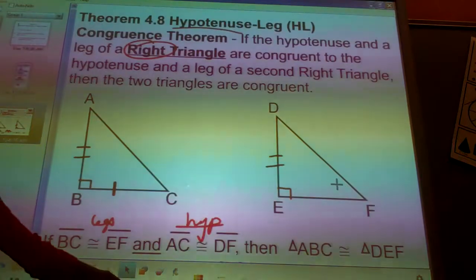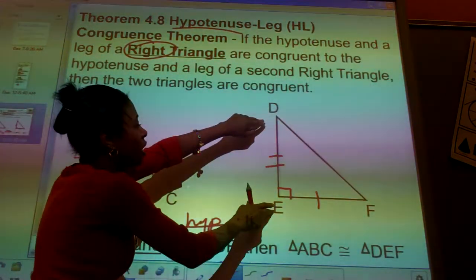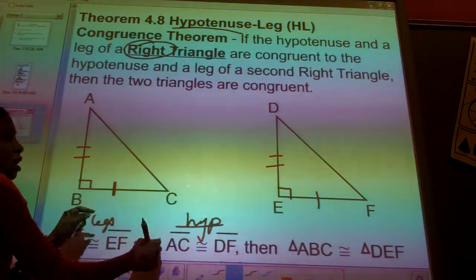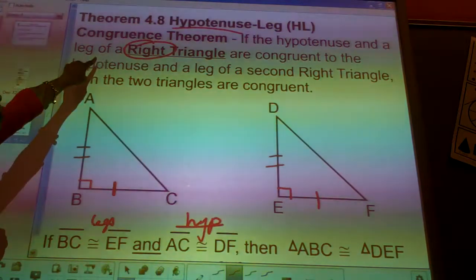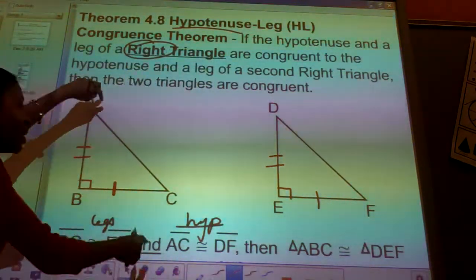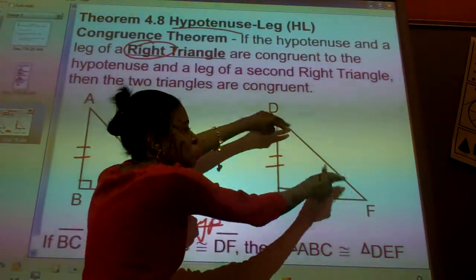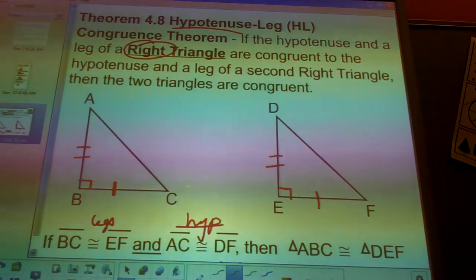What I cannot do is say the following: AB is congruent to DE, and then BC is congruent to EF. For the hypotenuse leg theorem, again, the key word is hypotenuse. I didn't use the hypotenuse on these right triangles. Therefore, this does not mean that they are necessarily congruent.